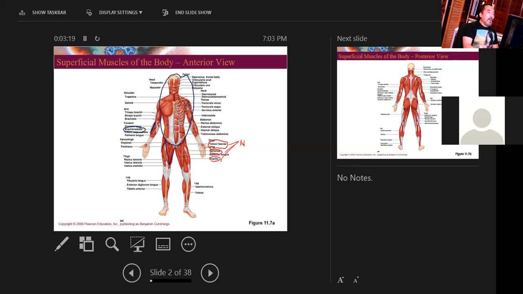I could divide the axial muscles into muscles of the head, then muscles of the neck, then muscles of the chest, and then muscles of your abdomen.